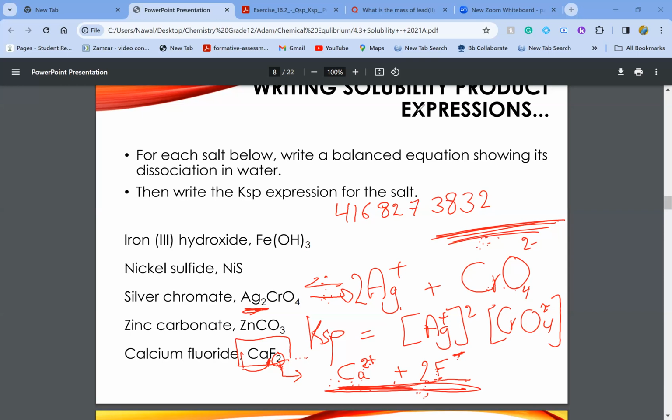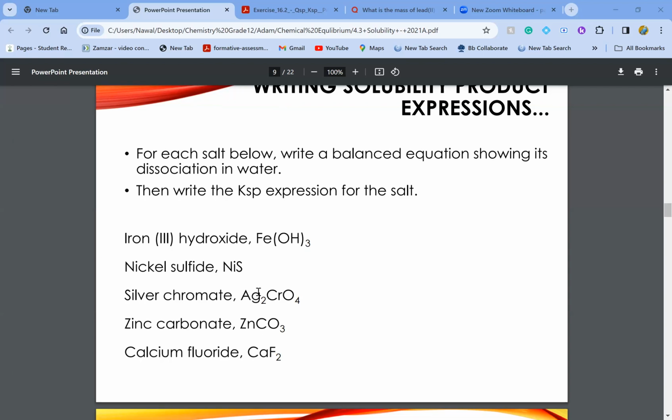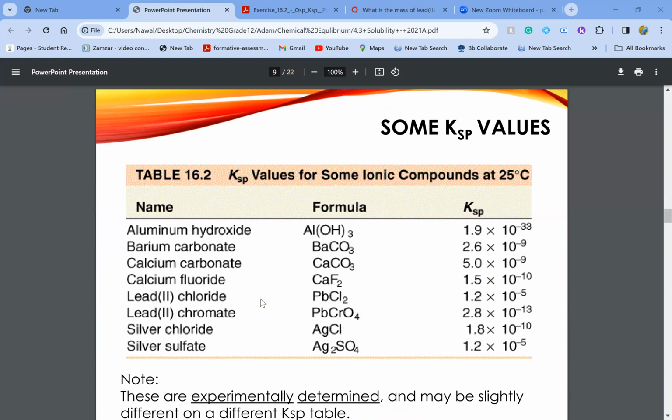Let's move from this page. All the time I am saying equilibrium constant, I am just keep thinking about the equilibrium.